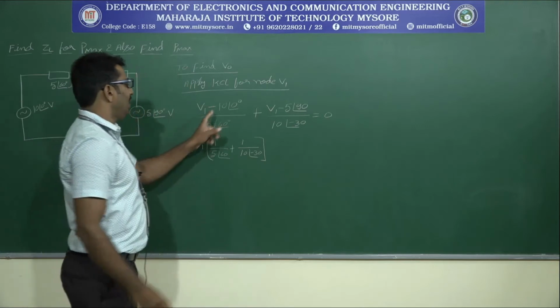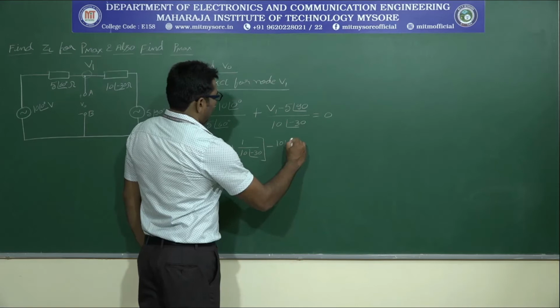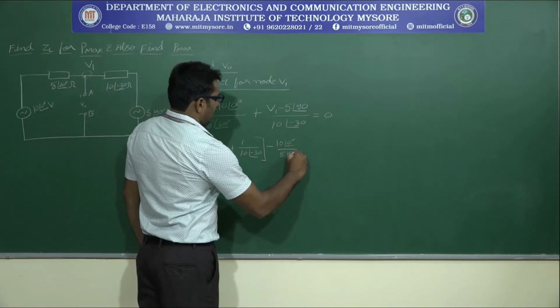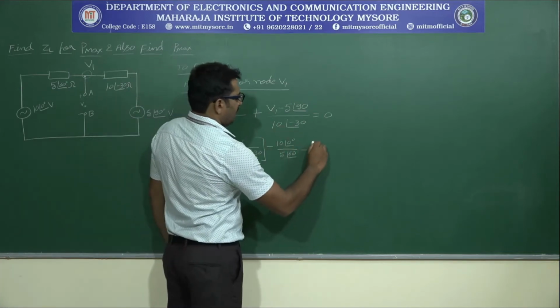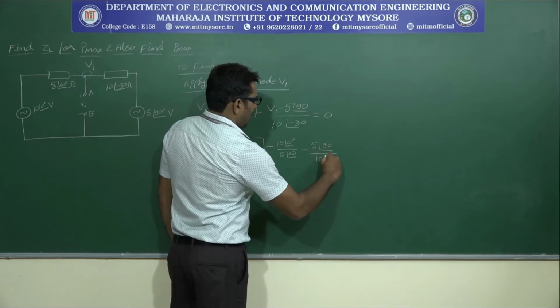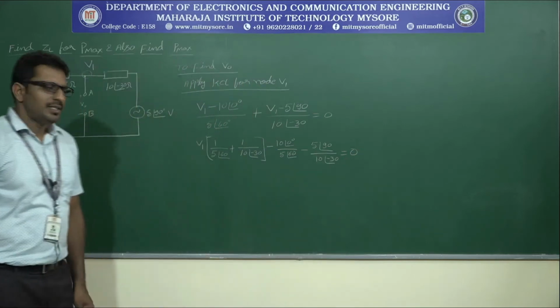Then what is remaining? Minus 10 at an angle 0 divided by 5 at an angle 60. Again after this, minus 5 at an angle 90 divided by 10 at an angle minus 30, that is equal to 0. Is that clear?